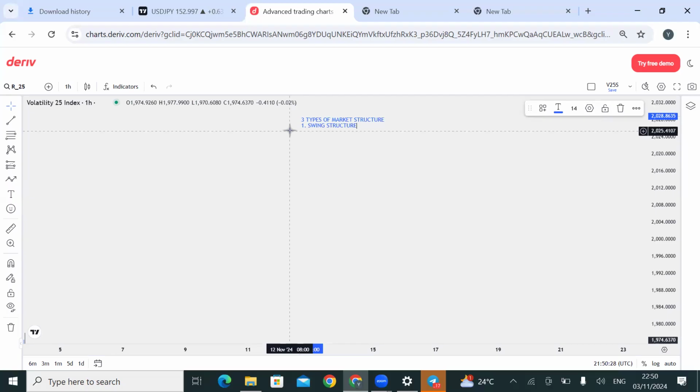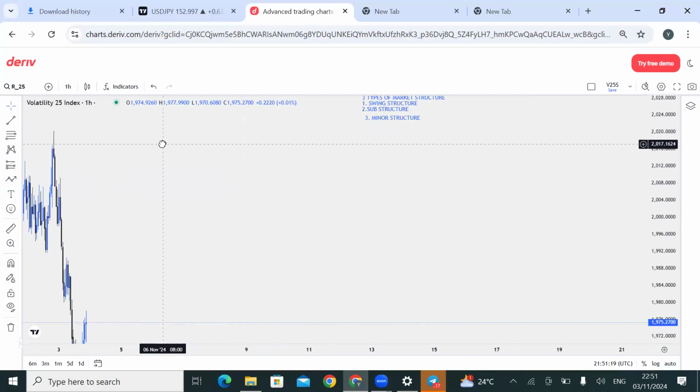Number two, the substructure. Number three, the minor structure.